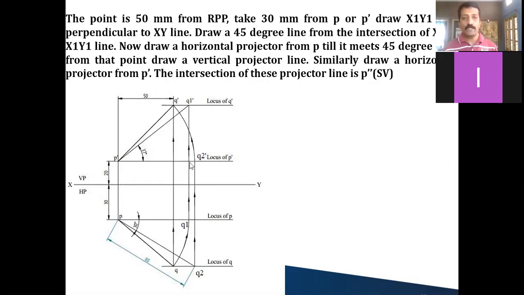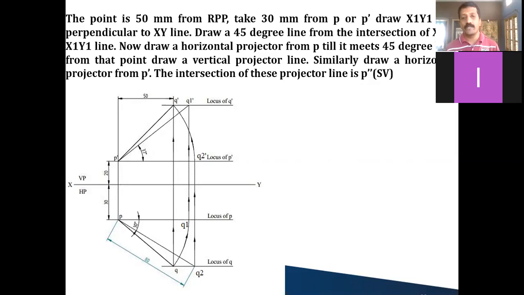Now draw a vertical projector from here. Wherever it cuts the locus of Q dash in the front view, call that Q1 dash and join P dash and Q1 dash. This is the true length diagram in the front view. At the end, measure P dash Q1 dash. Definitely it has to be the true length, that is 80 millimeter, whatever he has given. So this completes the projection.